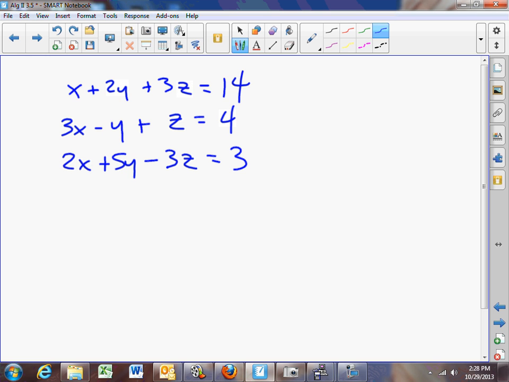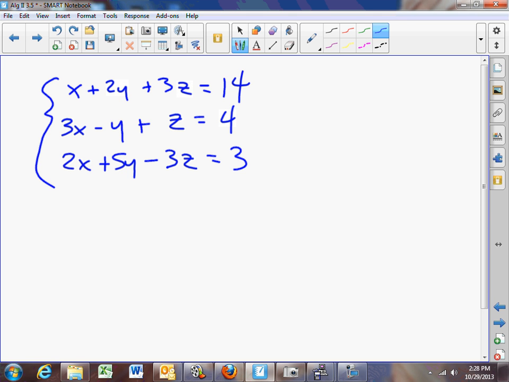Okay. Now, if this is our system of simultaneous linear equations, then we want to solve this system, and we want to know what number for x, what number for y, and what number for z makes all 3 of these equations true at the same time.